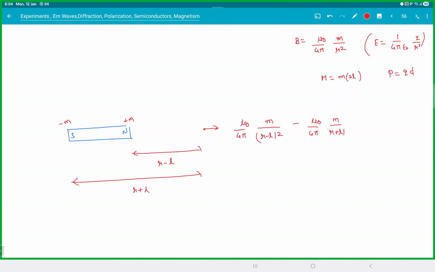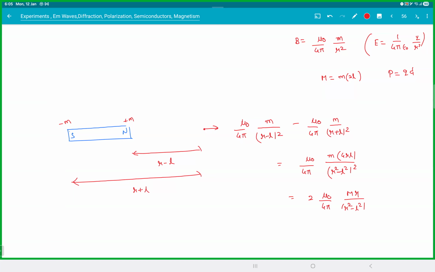You solve this and you end up with that answer. So this would be mu naught by 4 pi m into 4rL by (r square minus L square) whole square. And m into 2L is capital M, so you'll get 2 into mu naught by 4 pi M r by (r square minus L square) whole square.